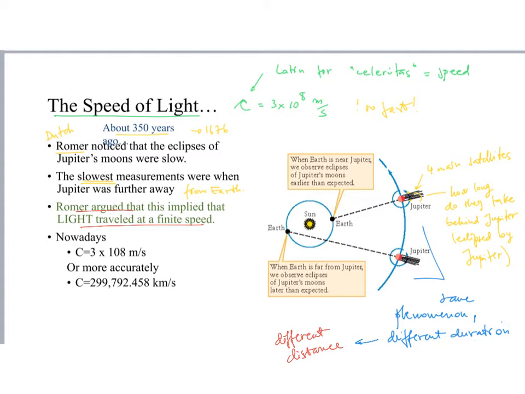He knew the distance between the Earth and Jupiter at different times, and he was able to time the duration of these eclipses. He measured basically all these distances, and with just some geometrical calculations, which I'm not going to bother you with, he was able to find the value.